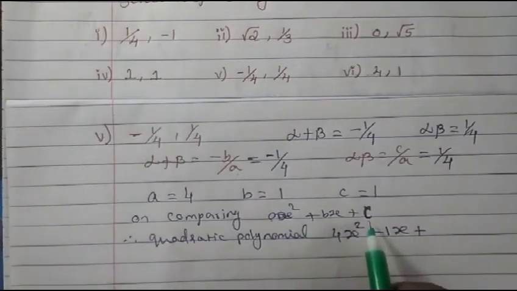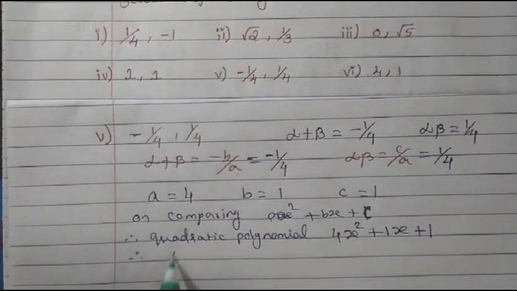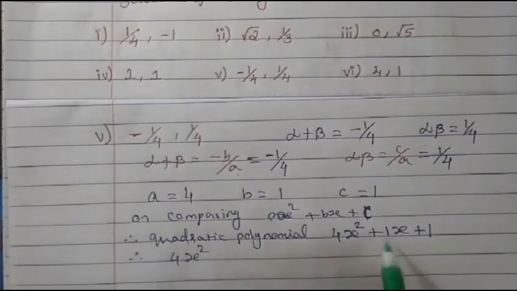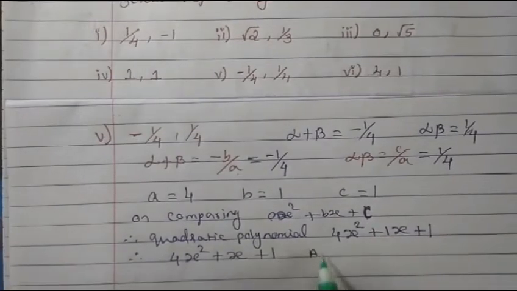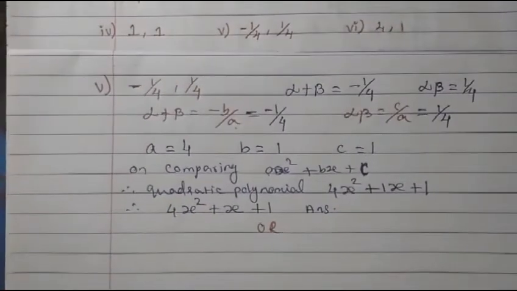Okay, so in the place of c we have 1. So therefore our quadratic polynomial is 4x square, 1 into x will become x only, plus 1. So that's our answer.